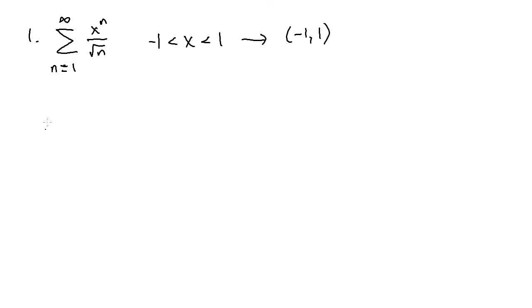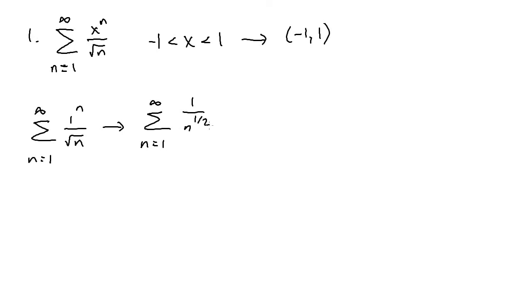So if we do that, we get the series from n equals 1 to infinity of, remember we plug in 1 for x, so 1 to the n over the square root of n. Now, no matter how big of an n we have, 1 to any number is always going to be 1. So I'm going to rewrite it as the series from 1 to infinity of 1 over n to the 1/2, rewriting square root of n as n to the 1/2.